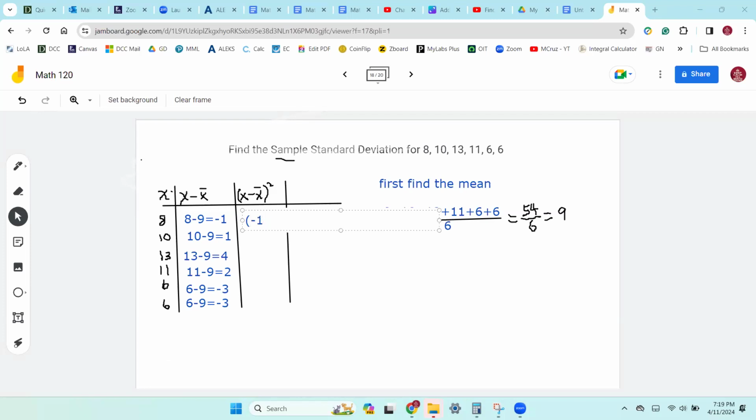So negative 1 squared is equal to 1. And I got to write a little square up there. All right. So this one is just 1 squared.